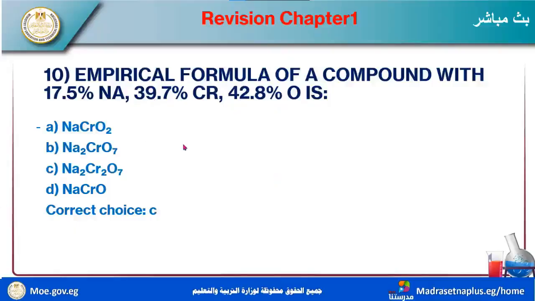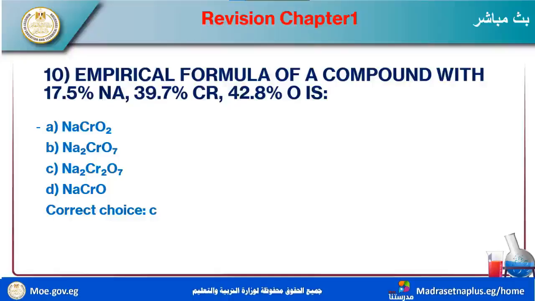How did I know that? By using the fractional numbers. As I said, I divided this number by 23, this by 80, and this by 60. Now you have fractional numbers, and you divide all of them by the least number of moles you have.